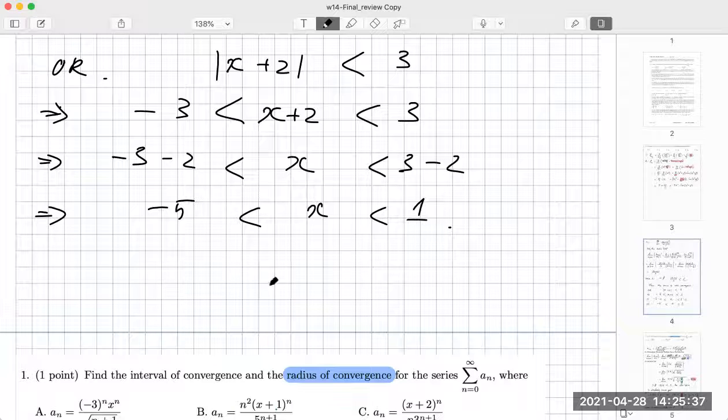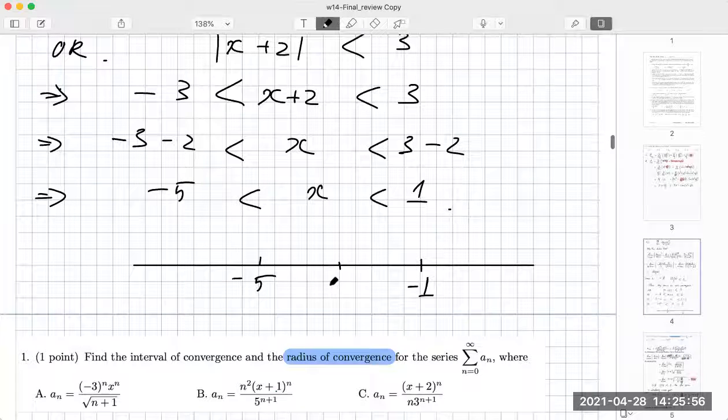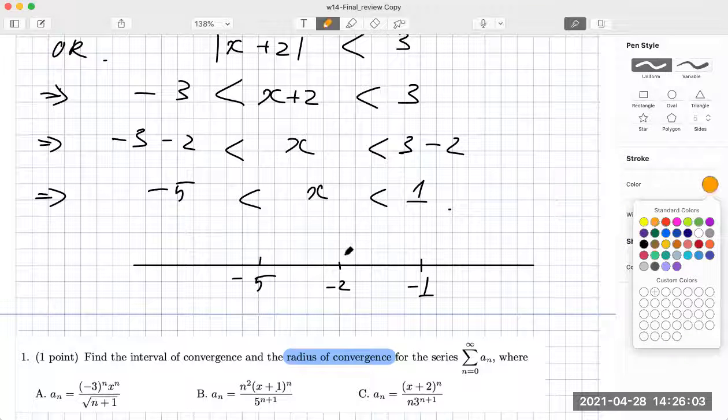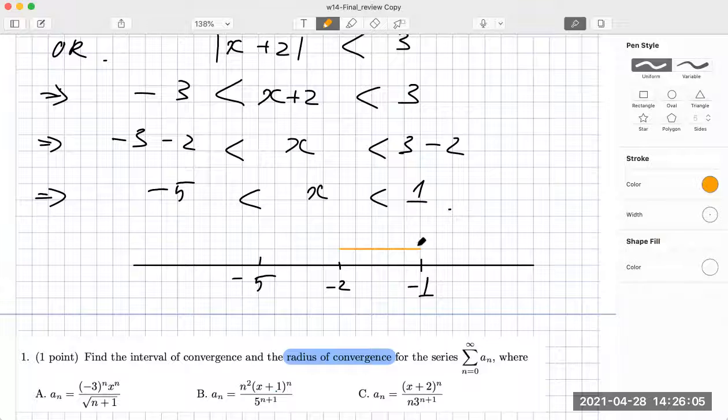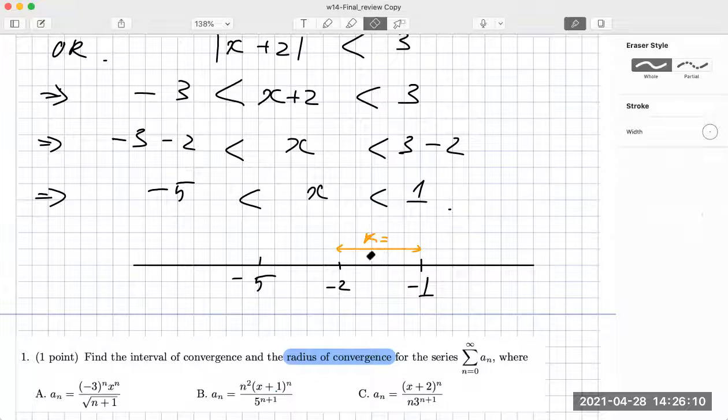We can show it on the number line here. Negative 5, 1, right? And here it is negative 2. Okay, by looking at this, we can easily see that the radius of convergence here is R equals 3.